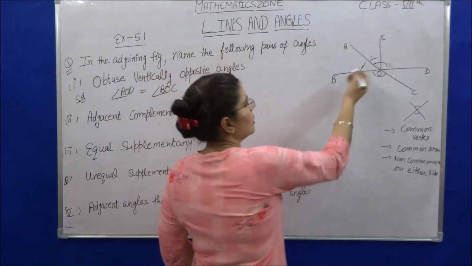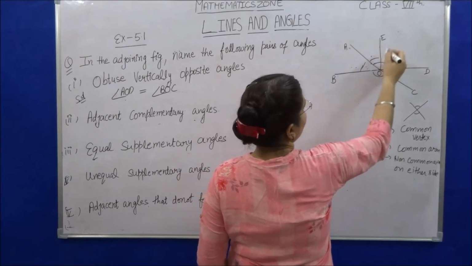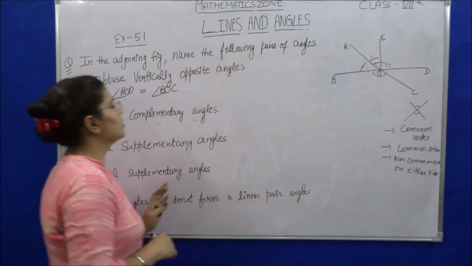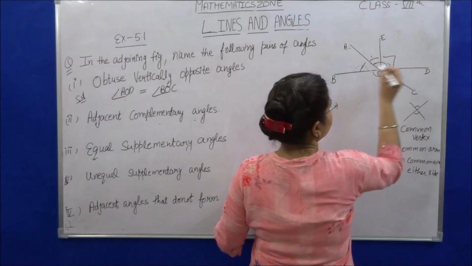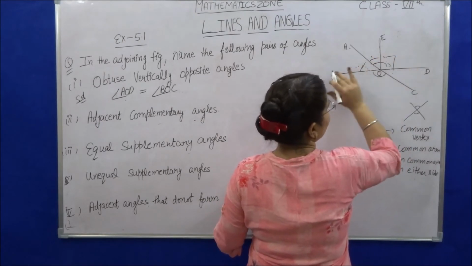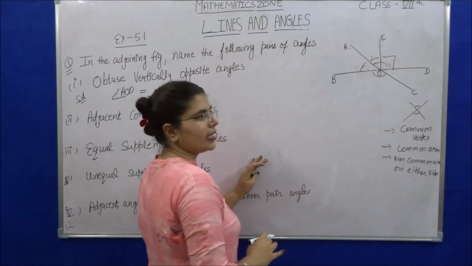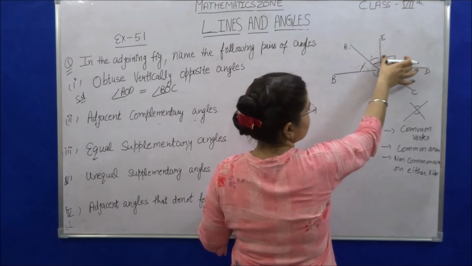So one pair is left, that is angle AOB and AOE. Both of these angles are adjacent and the sum of these angles is 90 degrees, because this is 90 degrees and these three lie on one line, and the sum of these three angles is 180 degrees by the linear pair angle, because this is one angle, this is another angle.